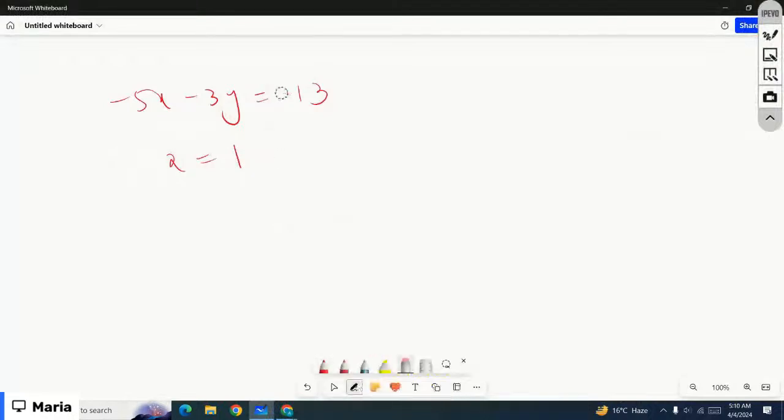This is just 13 and this is x equals 1. So just rewrite the equation in the form of x and y. You have 1x plus 0y. Now you can write down the augmented matrix.